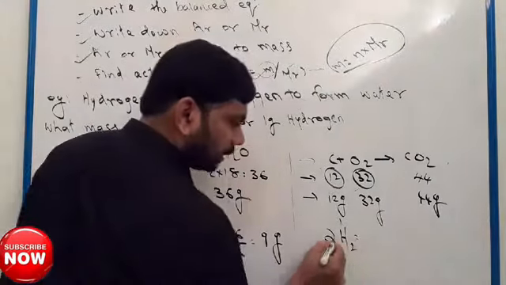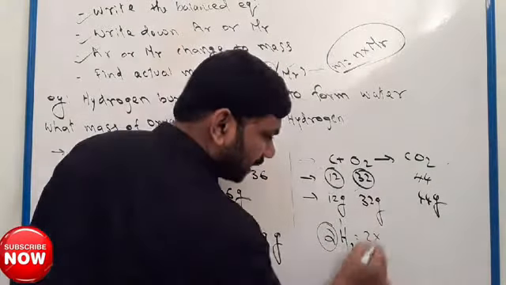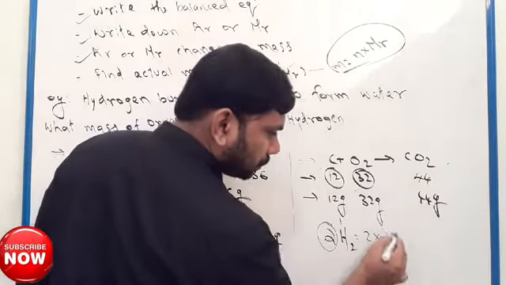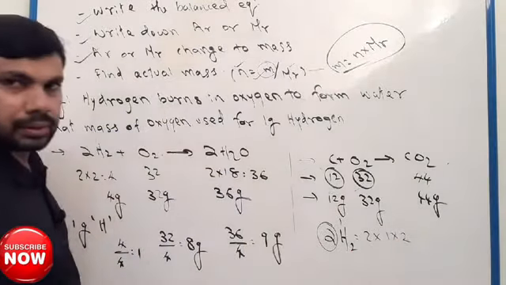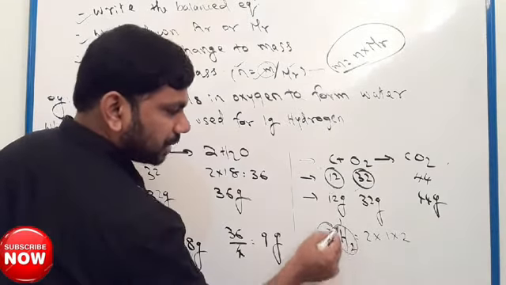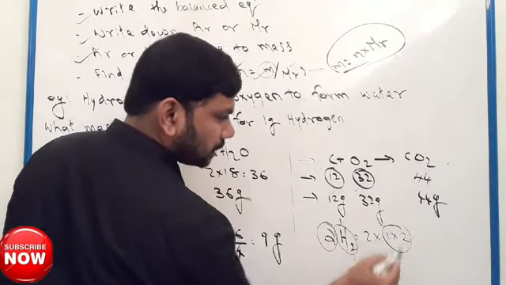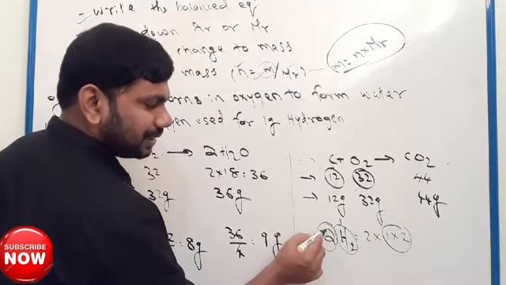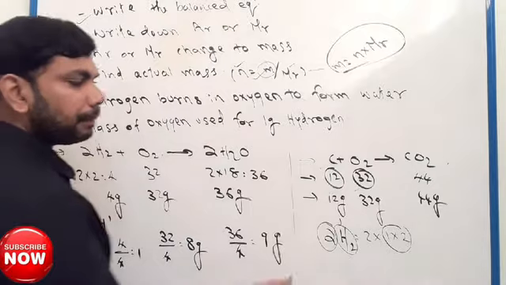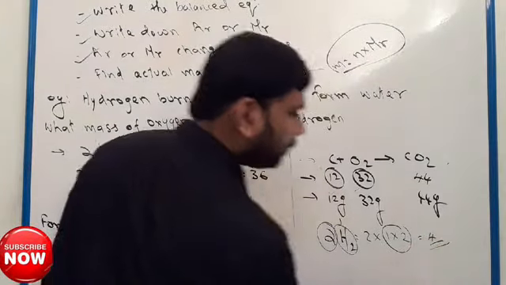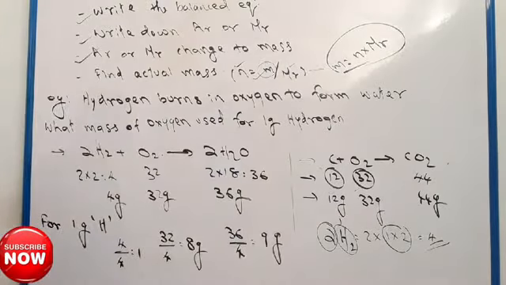H2 is 1 times 2, so its mass is 2. Again there is a 2 in front because it is 2H2. So the mass will be 4. 2H2 mass is 4. Clear?